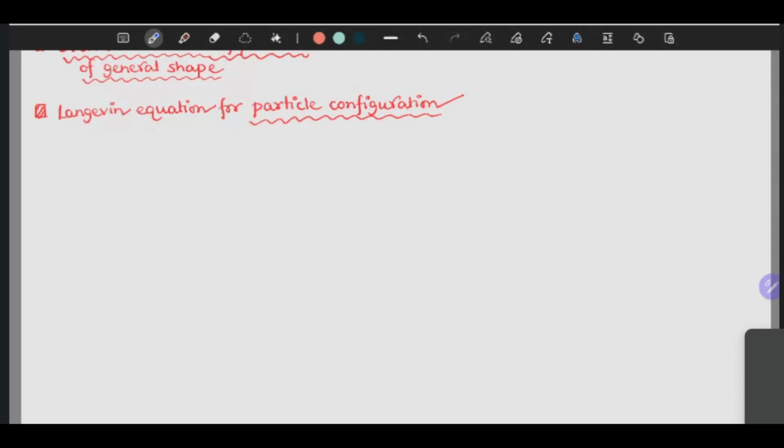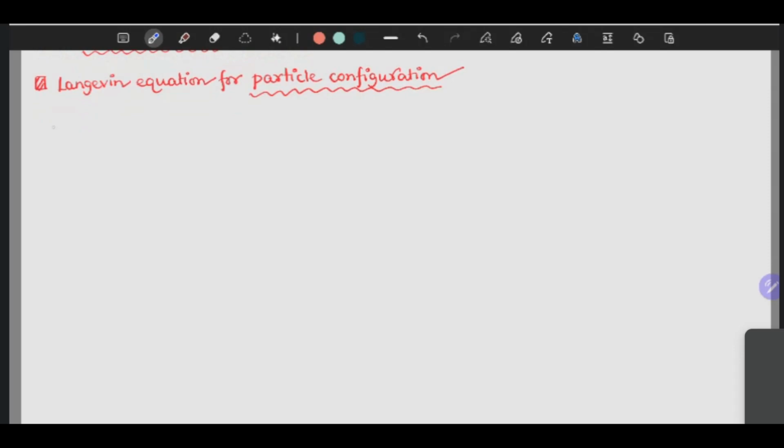Okay. So consider the Brownian motion of a particle of general shape.